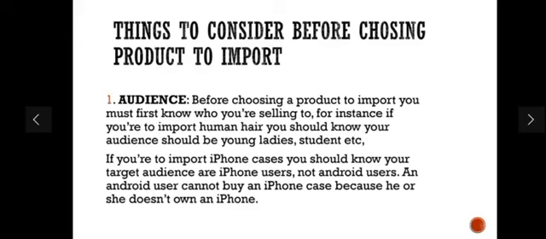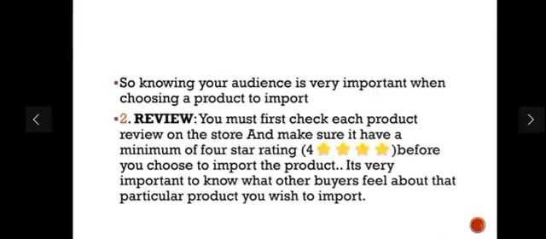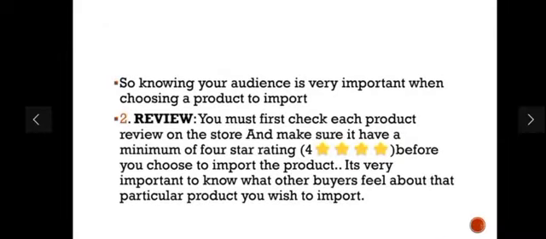So if you are to import iPhone cases, your target audience are iPhone users, not Android users, because an Android user cannot buy an iPhone case as he or she doesn't own an iPhone. So knowing your audience is very important when choosing a product to import.